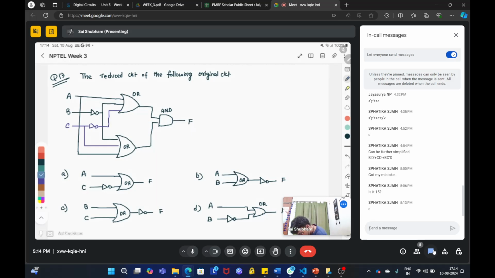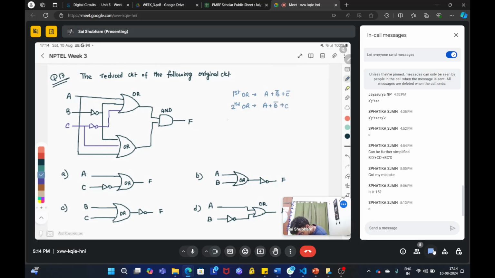Okay. So for the first OR gate, the expression is A plus B bar plus C bar. Second OR gate, it is A plus B bar plus C.